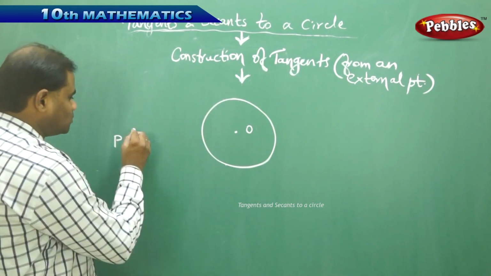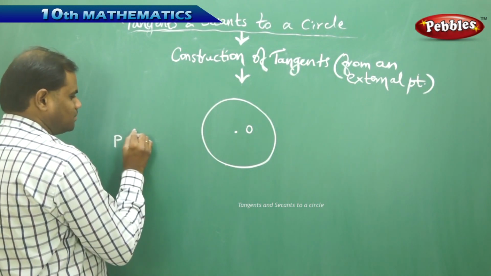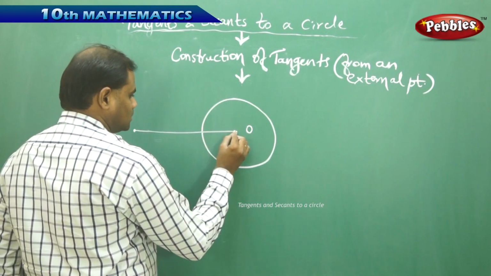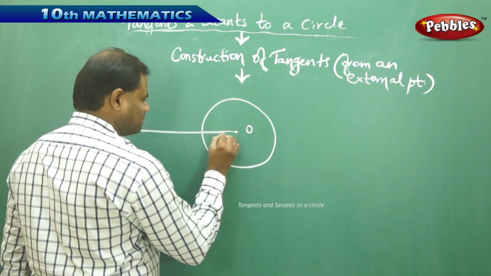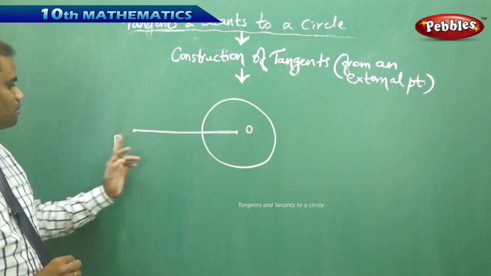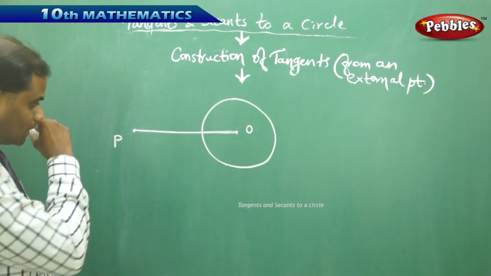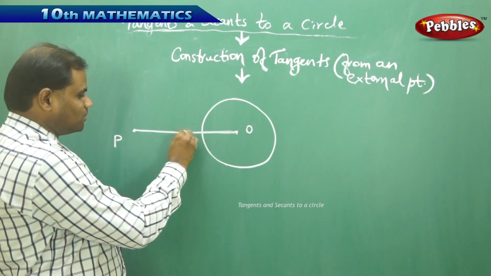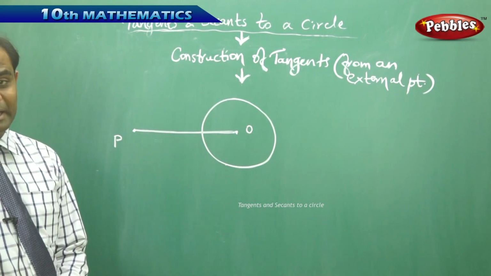So here I join the points O and P using a ruler. Joining the points O and P, I get a line segment OP, which is from P to O. Now I find the midpoint of PO using the bisector concept.